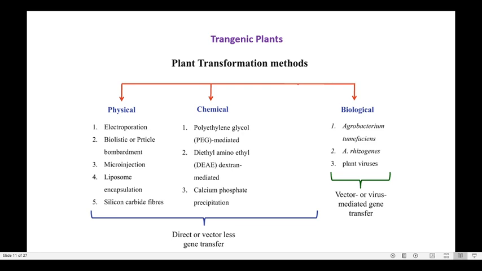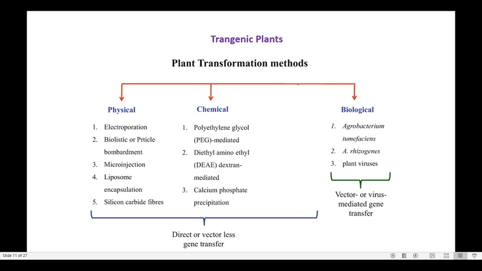In vector mediated gene transfer, there are three examples: Agrobacterium tumefaciens, Agrobacterium rhizogenes, and plant viruses. In the previous gene cloning, we saw a vector, so we should not confuse that vector with this vector.